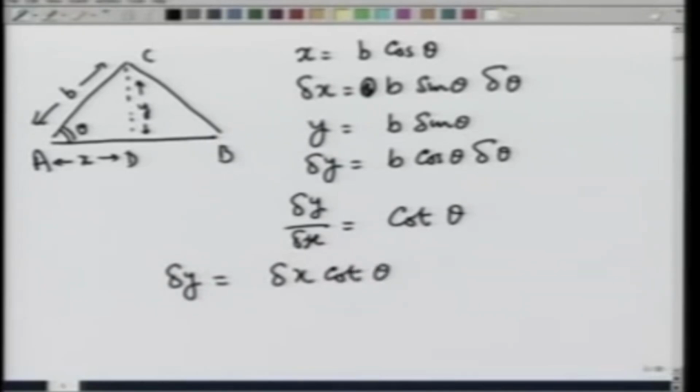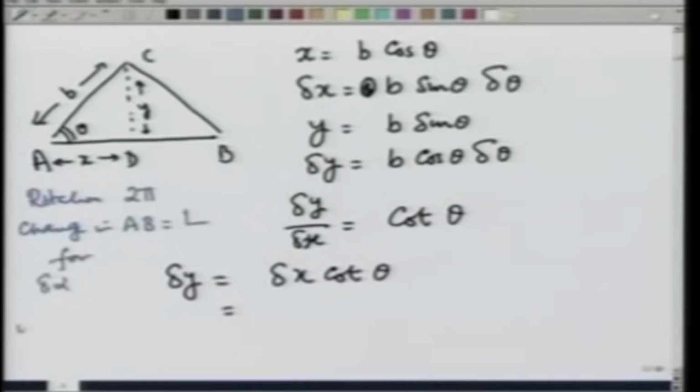How much is delta x? That is equal to nothing but the change in the length AB for rotation. Let me just write on the side: for rotation 2 pi, the change in AB is equal to L. So, for delta alpha it is going to be L over 2 pi times delta alpha.